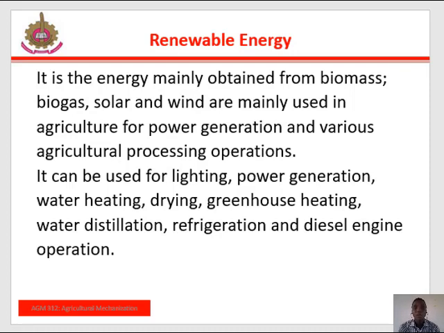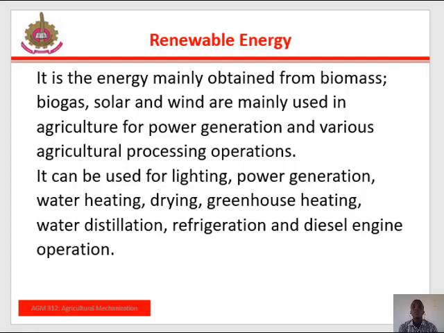The last source of energy to the farm is renewable energy. It is the energy mainly obtained from biomass, biogas, solar and wind, which are mainly used in agriculture for power generation and various agricultural processing operations. It can be used for lighting, power generation, water heating, drying, greenhouse heating, water distillation, refrigeration, and diesel engine operations.